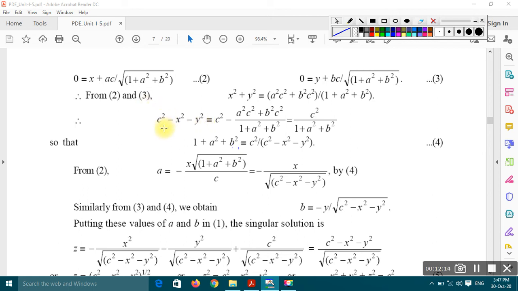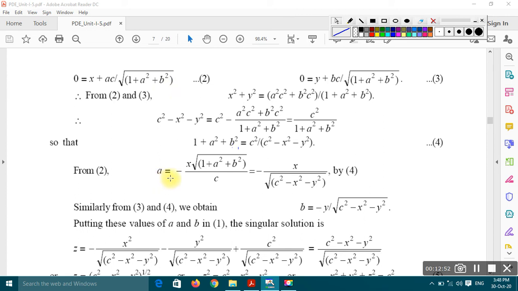So we compute c square minus x square minus y square. We have computed x square plus y square, so substitute the value of x square plus y square here. After simplification, we get c square upon 1 plus a square plus b square. It means 1 plus a square plus b square is equal to c square upon c square minus x square minus y square. Now substitute this value into equation number 2 and simplify it.